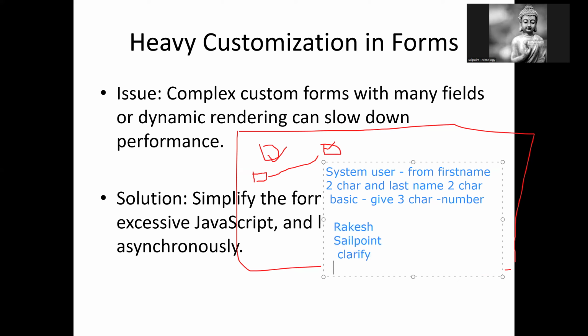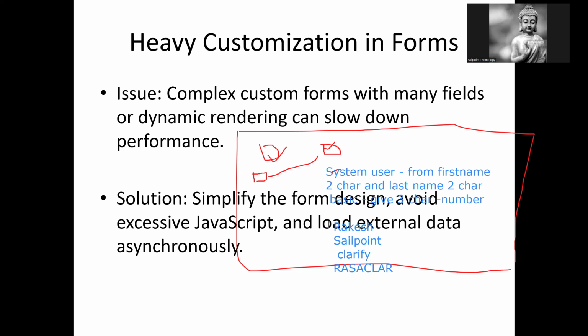So first two characters from the first name, RA, and two characters from the last name, SA, and the application is Clarity. Like this, you are going to define one user, and automatically the form needs to be calculated and rendered.